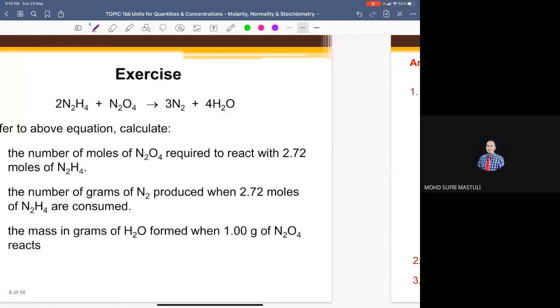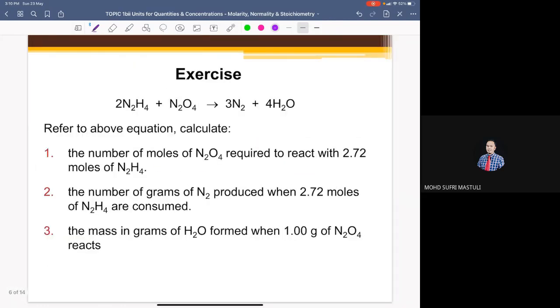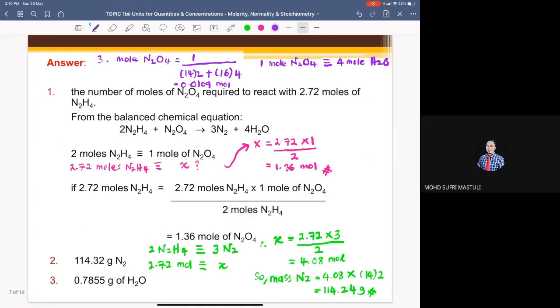Therefore, in 1 gram of N2O4 reacted, the mole number is 0.0109 mole.